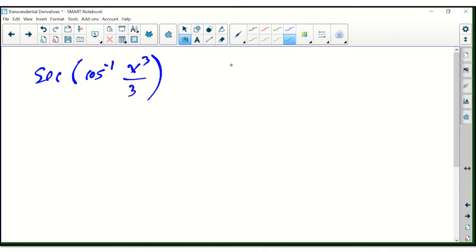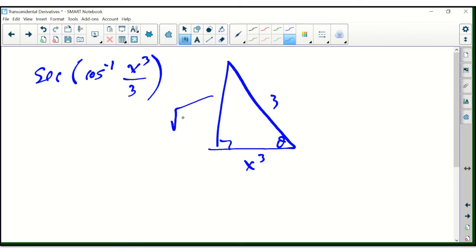So now that means that on my diagram, remember this is your angle, so I've got some angle, theta, whose cosine is x cubed over 3. So cosine is adjacent over hypotenuse. Pythagoras' theorem would say that this side then is the square root of 9 minus x to the 6th.